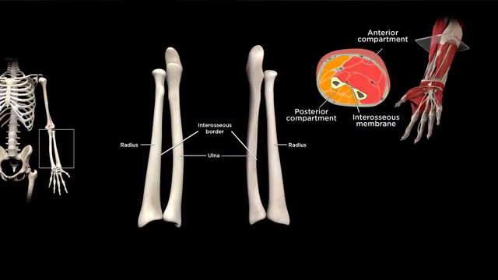As a reminder, the radius is lateral and the ulna is medial, and the two bones in the forearm are joined by the interosseous membrane. That deep plane of fascia combines with the sleeve of antebrachial fascia and its attachment to the bones of the forearm to create two compartments in the forearm, an anterior and posterior.